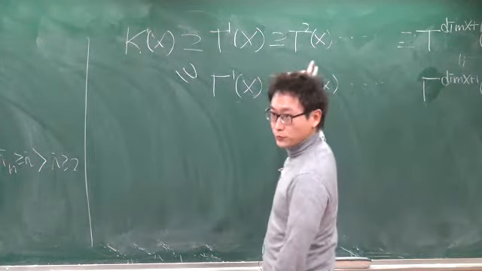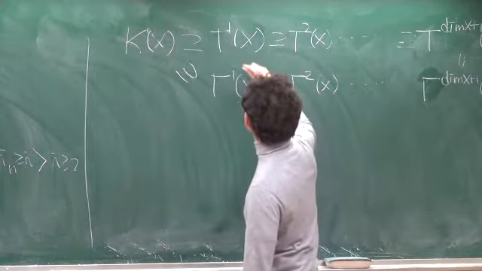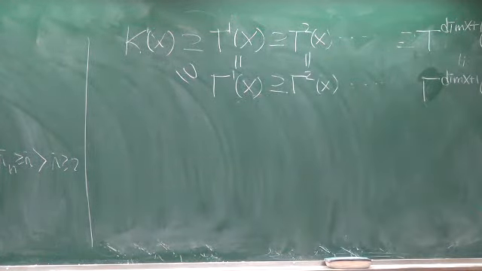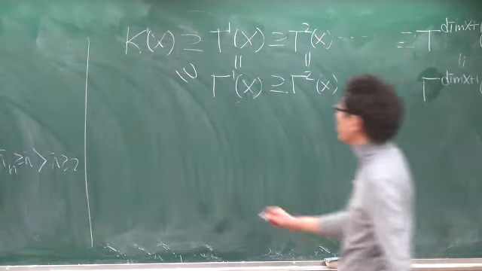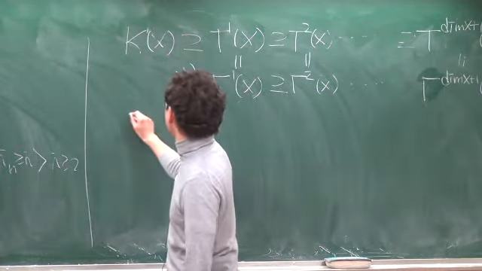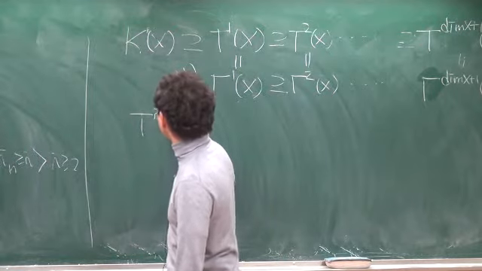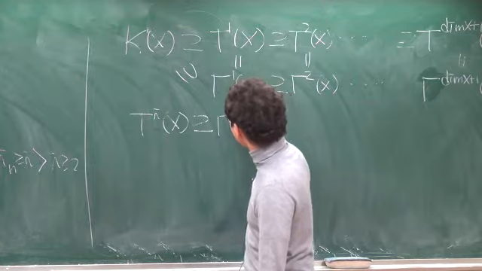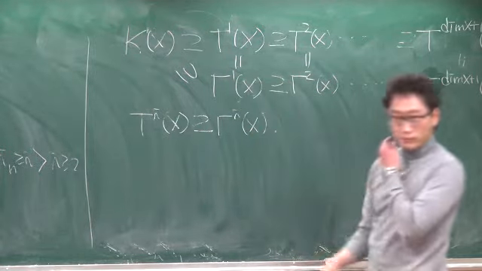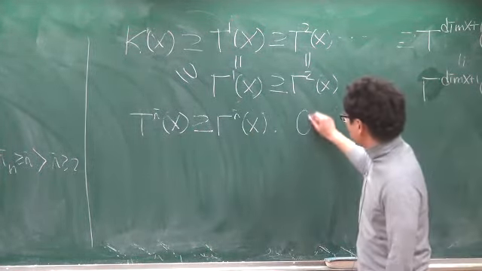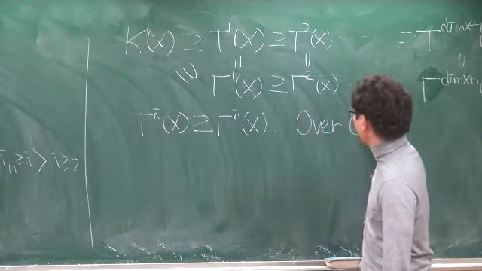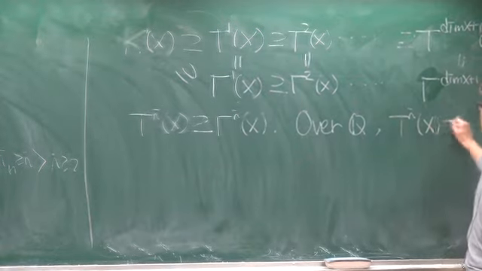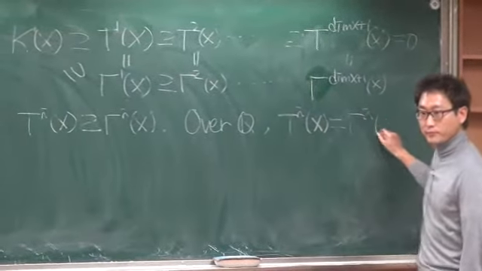And for the first two degrees, the gamma filtration and topological filtration are the same. And in general, it's known that the topological filtration always contains the gamma filtration. And moreover, with Q coefficients, the topological filtration and gamma filtration are the same.